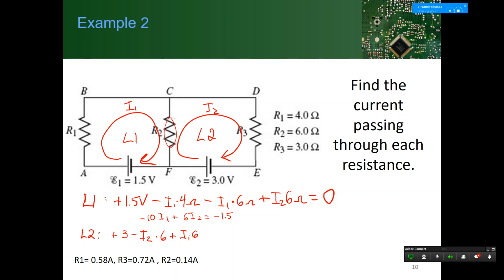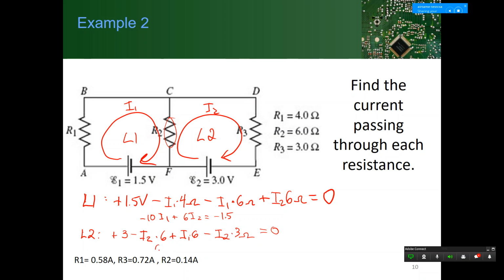Now I'm coming to this resistor, and I'm only losing voltage here. So it's going to be minus I2 times R3, which is 3 ohms. And that's equal to 0. And again, I'm just going to clean that up. So I'm going to combine my I1s and I2s.